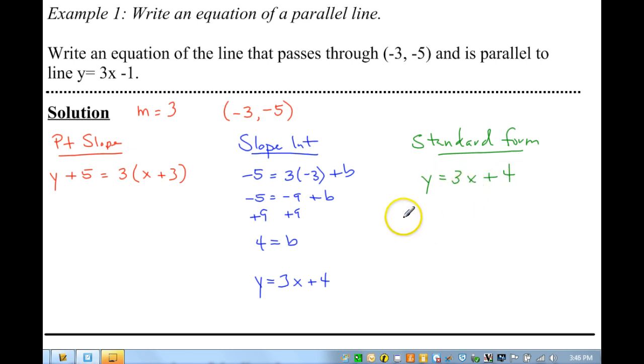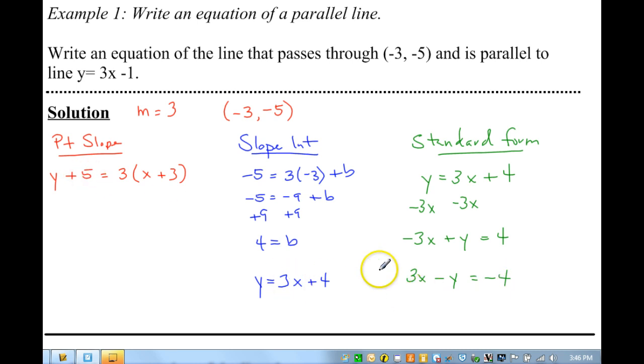To get it in standard form, I need my x and my y to be on the same side. I would get -3x plus y equals 4. Because I need a positive leading coefficient, I'm going to multiply everything through by -1 to get 3x minus y equals -4.